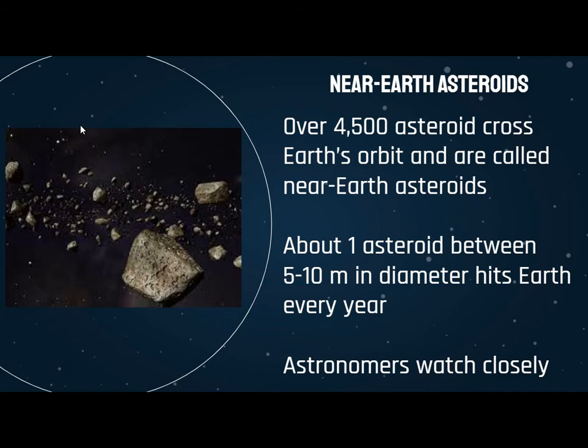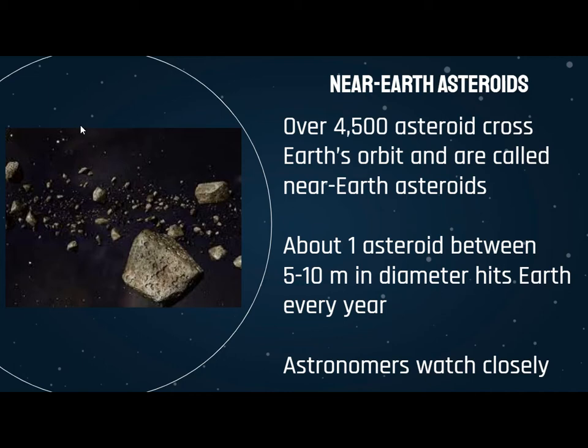Near Earth asteroids are the ones we are most concerned about. There are over 4,500 asteroids that cross our orbit. If an asteroid crosses our orbit, it is called a near Earth asteroid.